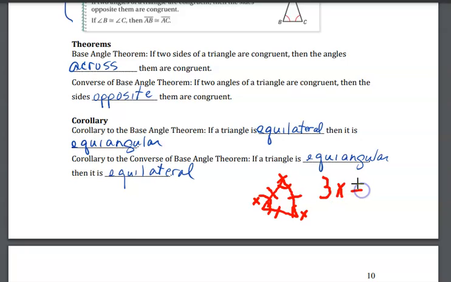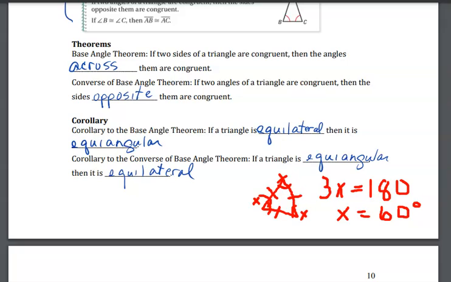And we know from our 180-degree rule that every triangle has 180 degrees. So if you divide 3 into 180, you're going to get 60. So that means that every single equilateral triangle is equiangular, and every single one of the angles inside that kind of triangle is going to be 60 degrees. Okay, so that's huge. So definitely add that to your notes.